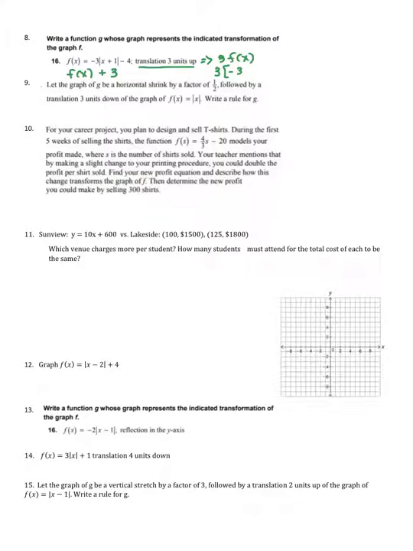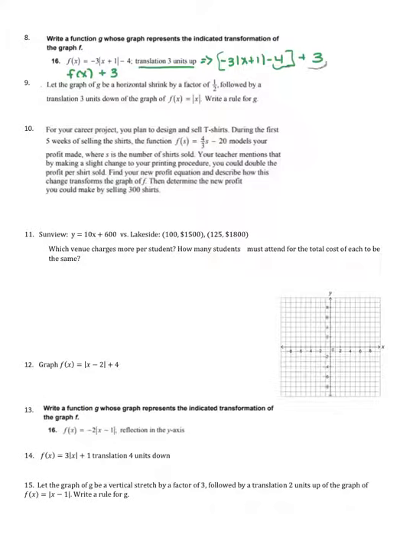I'm sorry, I totally went off on a different tangent there. We're just adding 3 to our equation. So we're going to go negative 3x plus 1 minus 4. That's your f of x, and then we add 3 to it.